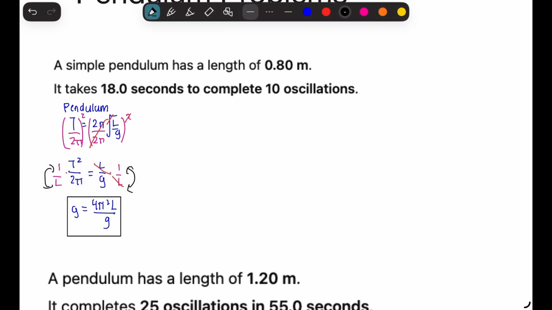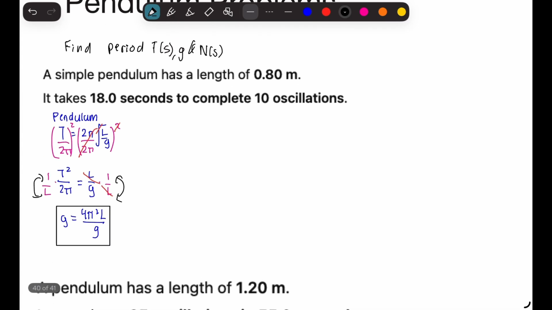Okay, so now let's tackle this question. For each of these 3 questions, we're going to find T, your period, and you also want to find your value of G, in meters per second squared, and T is going to be in seconds.